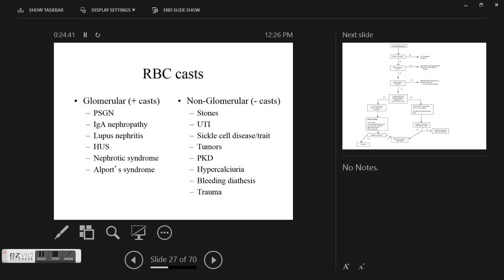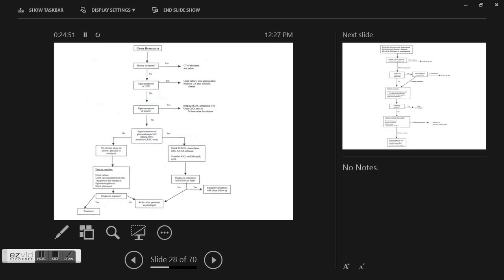I like algorithms. This is a lot easier to read on this, so when you print it out, it reads pretty well. An algorithm for gross hematuria, and I give you one for microscopic hematuria as well, for clinical practice, as far as your standard tests to get. But of course, you're checking CBCs, renal function panels, urines.